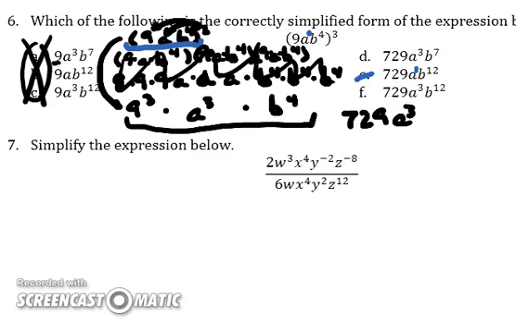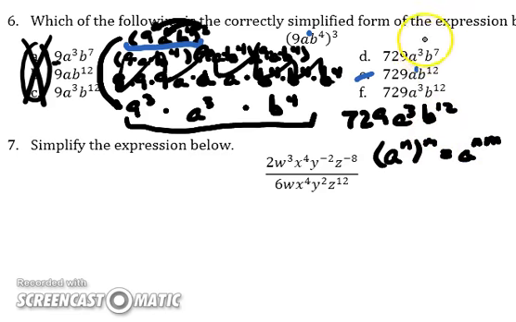And then we should also have b, not to the 7th power, but to the 12th power. And the reason for that is whenever we have a to the n power, and then raised to the m power, that's going to be a to the n times m. We just multiply the exponents.